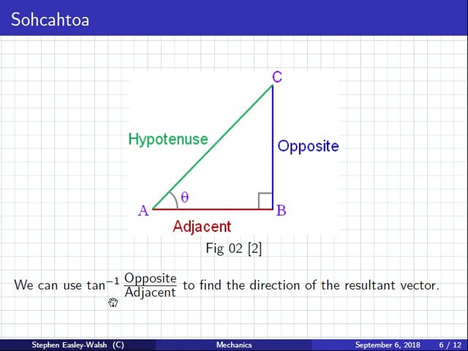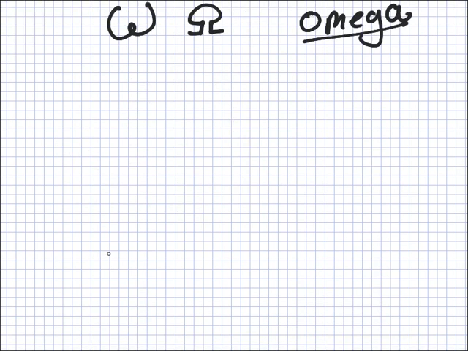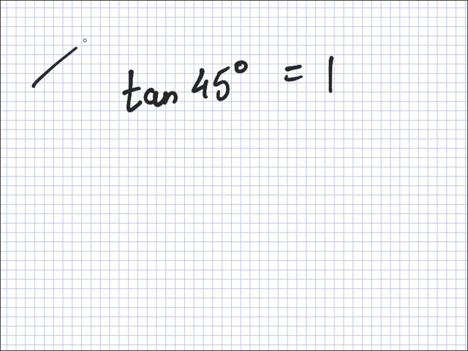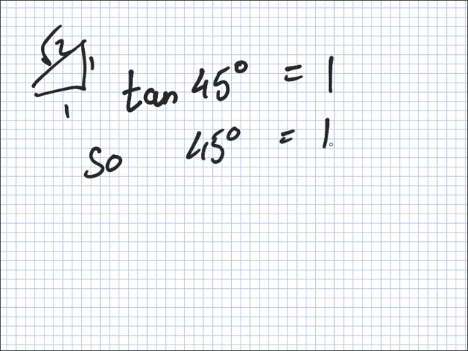Why tan inverse? Let's see. I know tan 45 degrees equals 1, because you know the triangle here. So we can say 45 degrees equals tan inverse 1.